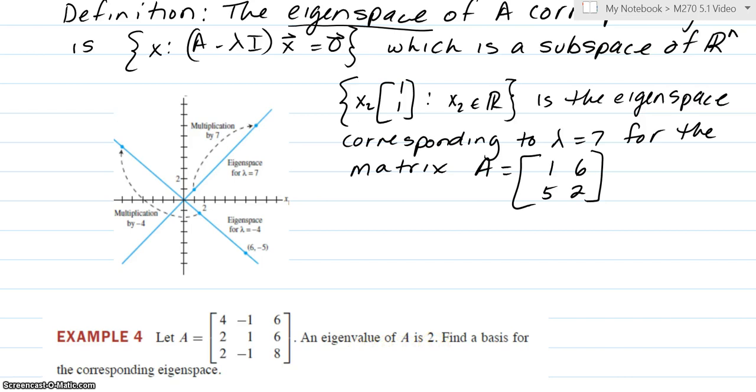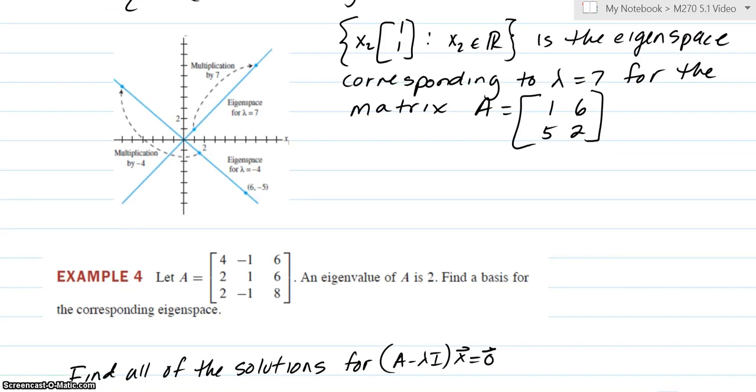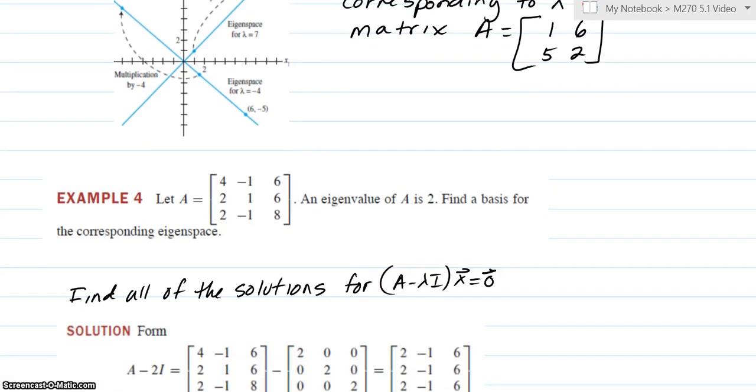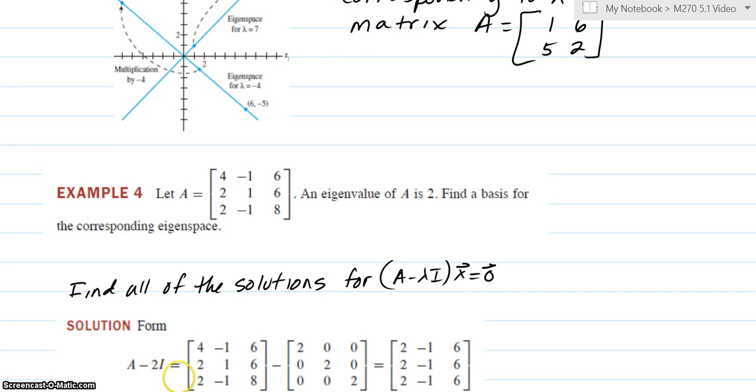Remember, the eigenspace is the null space, so we want to find all the solutions, the null space, to this special equation, A minus lambda I. So I'm just going to look at what this looks like when lambda is 2. So let's look at A minus 2I. Here's my 2I, it's a 3 by 3 now. Notice how only the diagonals change. This is 4 minus 2, 1 minus 2, 8 minus 2. Everything else is the same because it's just -1 minus 0.